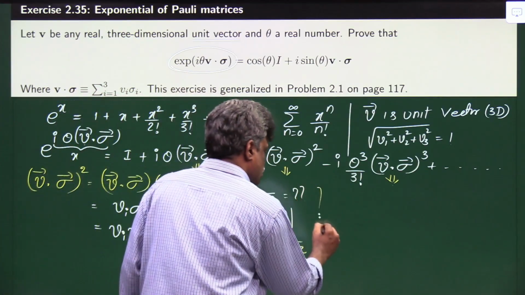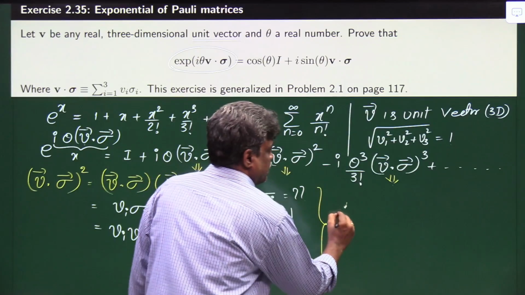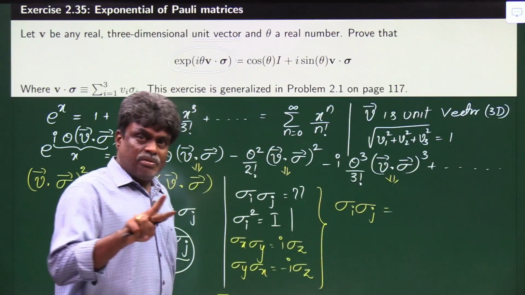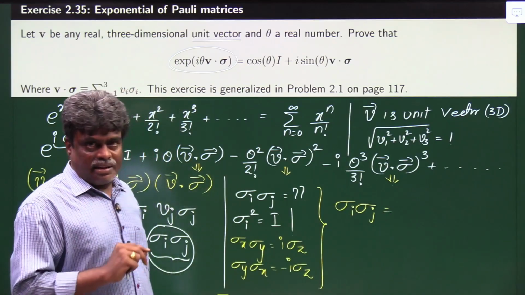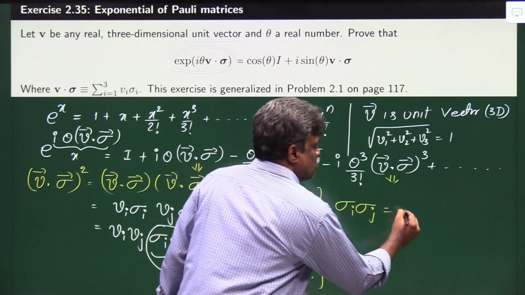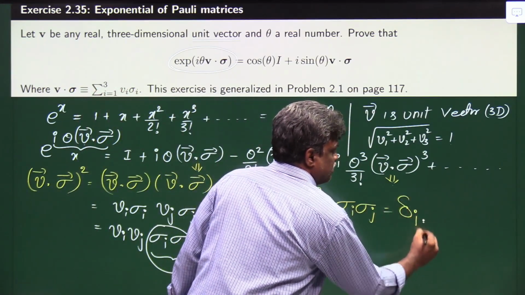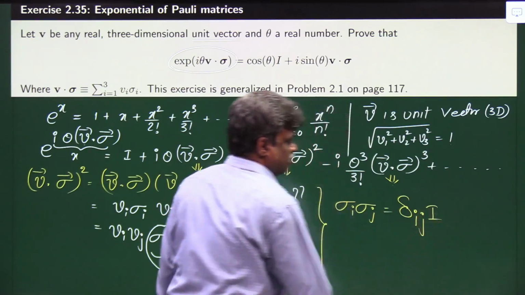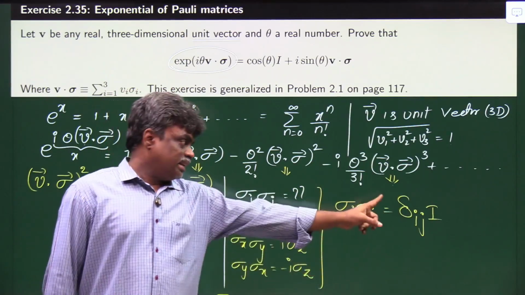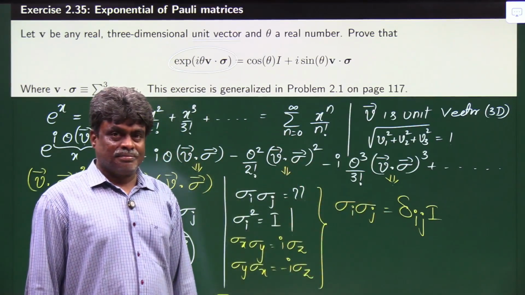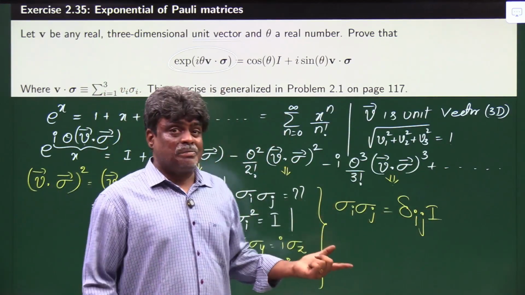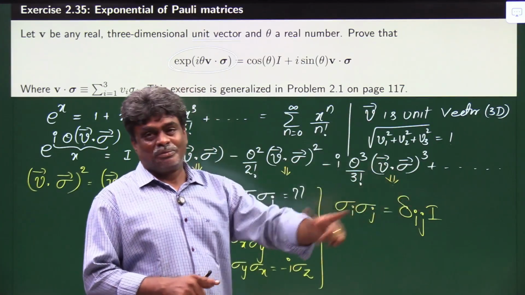So the more general form, how I am writing it: σ_i σ_j equals, if both indices are equal, I will get the identity I. That's why I am using a Kronecker delta, δ_ij I. That term makes it identity if i equals j. And the second term, if i equals j, it must be 0.